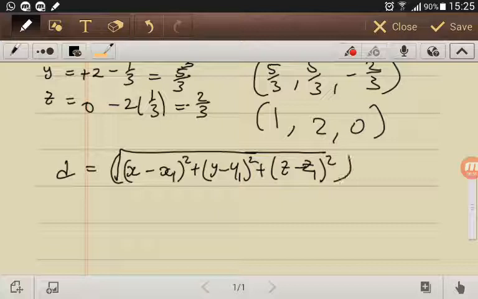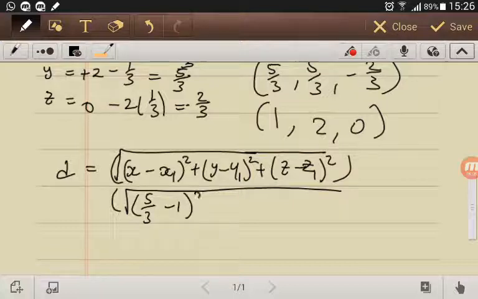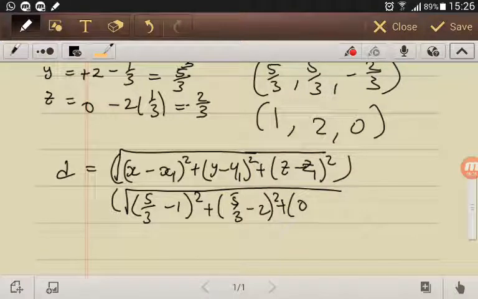Then we simply do a simple substitution. This will be 5 over 3 minus 1, squared, plus 5 over 3 minus 2, squared, plus 2 over 3 minus 0, all squared.